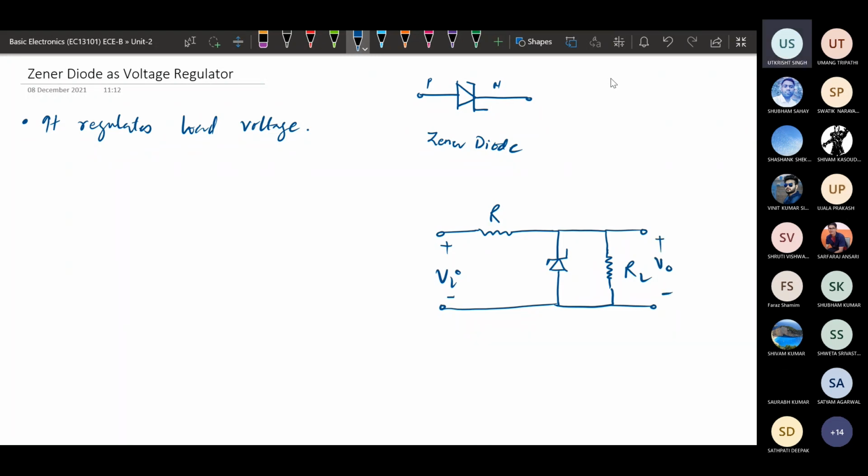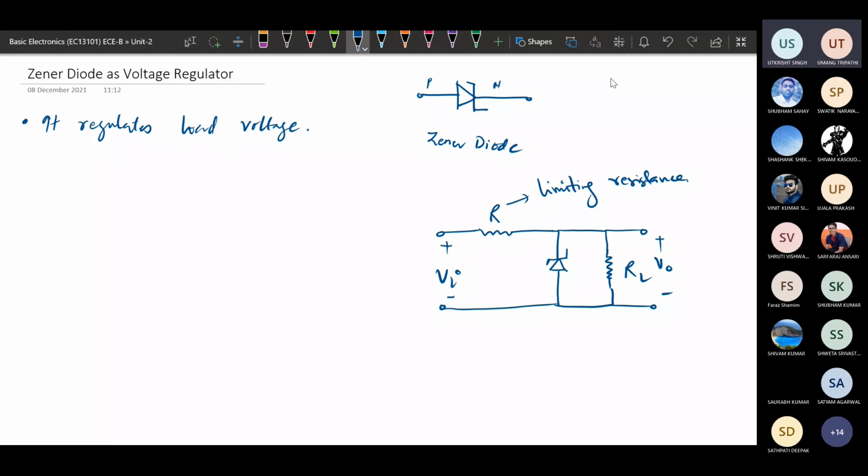Okay, so this is the basic structure of the voltage regulator circuit used by Zener diode. So this resistance R here is called the limiting resistance. This is the load resistance and this is the limiting resistance, and this is the Zener diode. Okay, so this is the basic structure of Zener diode used as a voltage regulator circuit.